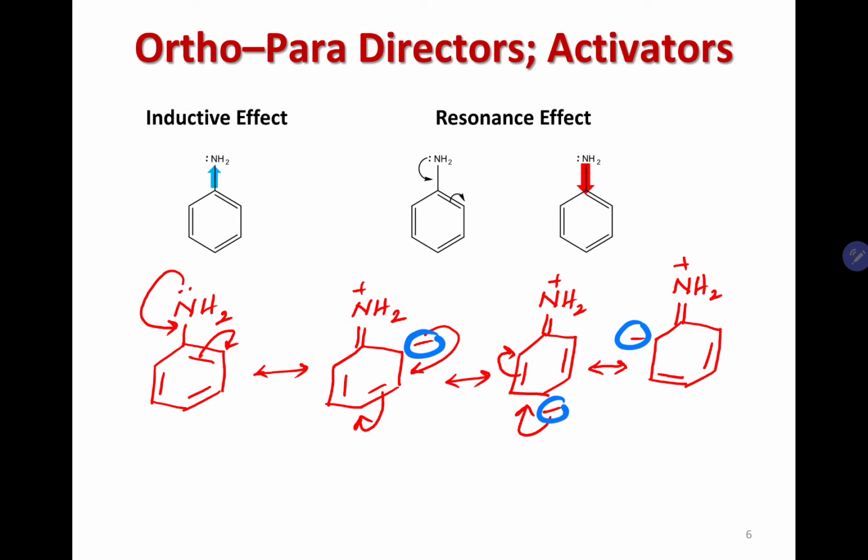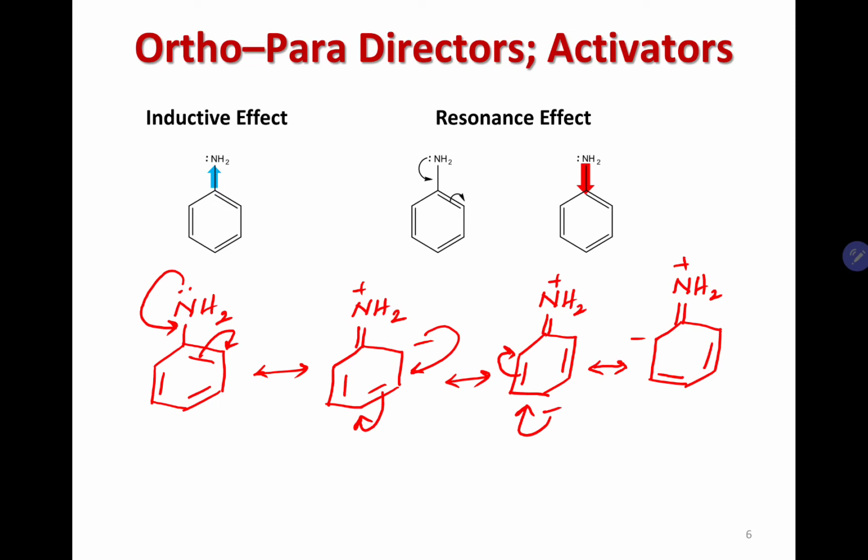So that is why NH2 is an ortho-para director. It can specifically increase the electron density on ortho and para positions.